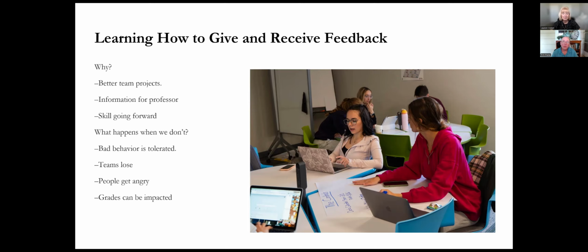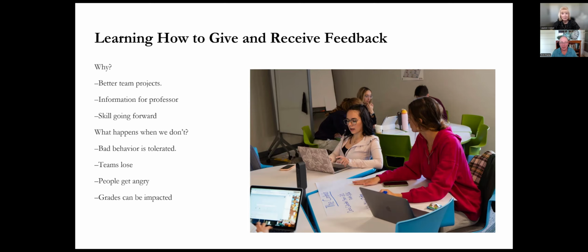Now, there's also some really important things that happen when we don't give feedback. Number one, poor behavior is tolerated. Poor performance ignored or tolerated is poor performance encouraged. If you don't tell people what they're doing and how they can get better, how do they know that they need to improve? And what this means is teams lose out. They don't get all those benefits of the different backgrounds and knowledge and skills that people bring to the team.